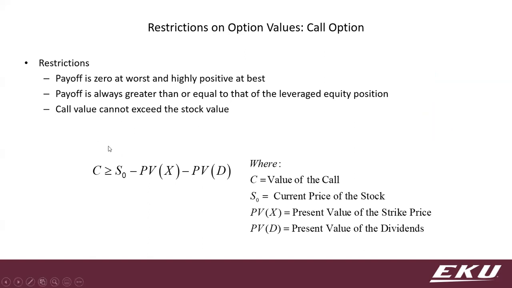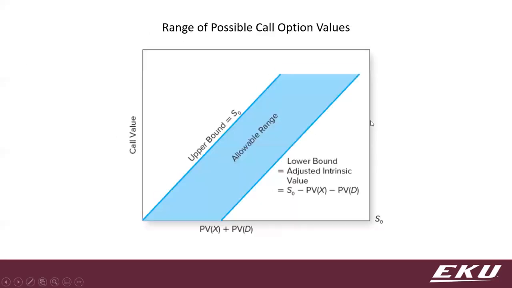This right here is a restriction on how high your call value could get. Basically it just has to do with the stock price only going to go up so high because we have to account for the present value of these other issues. So when we look at this, we now have two different 45-degree lines, and the call must fall between those.